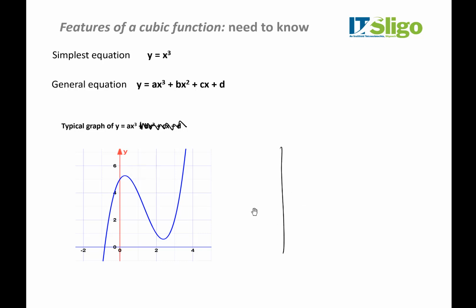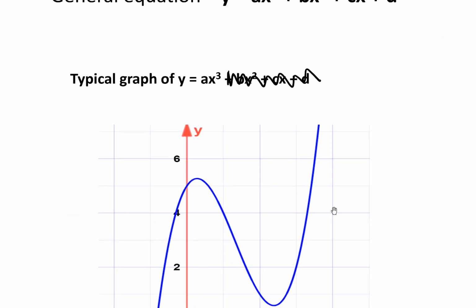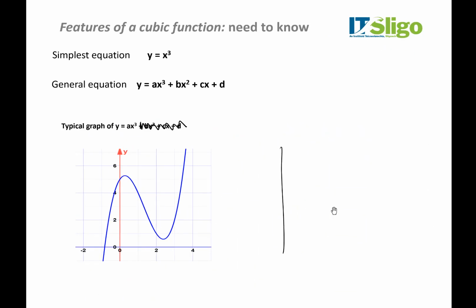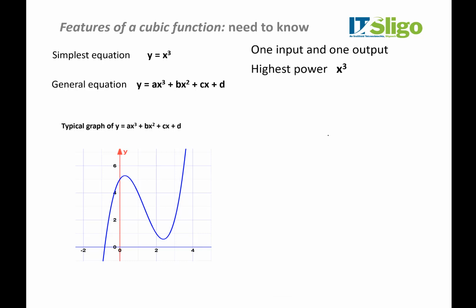I have to be fussy about these things. That's more what it's like. So one input, one output, as we said, continuous. Highest power is x to the power 3.